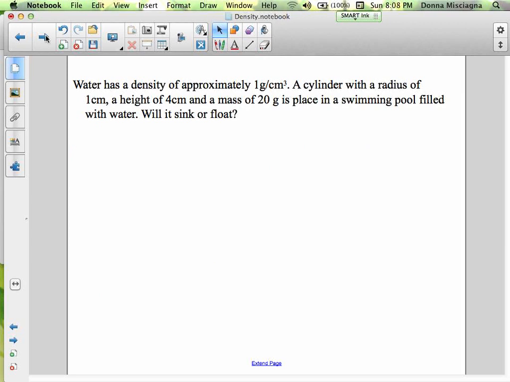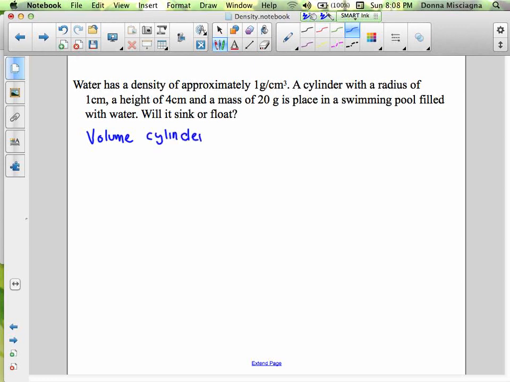All right, so first of all, let's find the volume of the cylinder. If this were something you'd want to use to hold something and travel across water, you would not want it to sink.